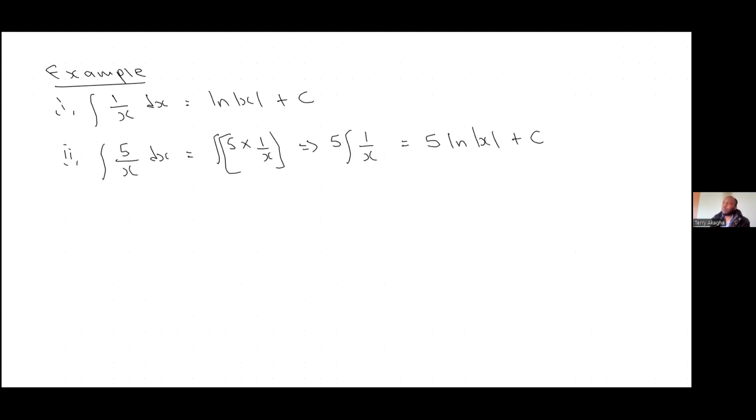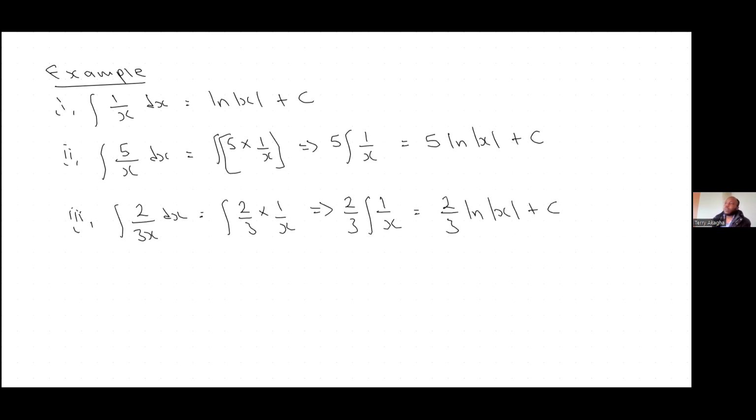Now, let's make it a little bit more interesting. Let's assume we are integrating 2 over 3x dx. It's the same thing as integrating 2 over 3 multiplied by 1 over x. Are you seeing it? Then we bring the 2 over 3 out. You always bring out the constant term, 2 over 3, times the integral of 1 over x. And that will give us 2 over 3 ln x plus c.